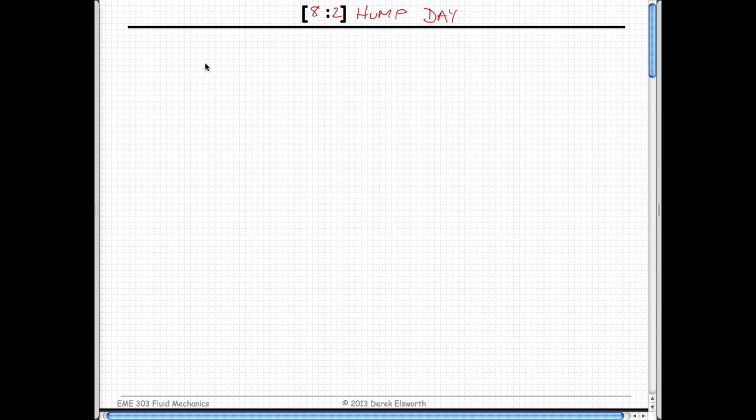So the two ways that we've looked at things so far is that we've looked at things along streamlines to be able to define our control volumes like this. So this is kind of our Bernoulli streamline way.